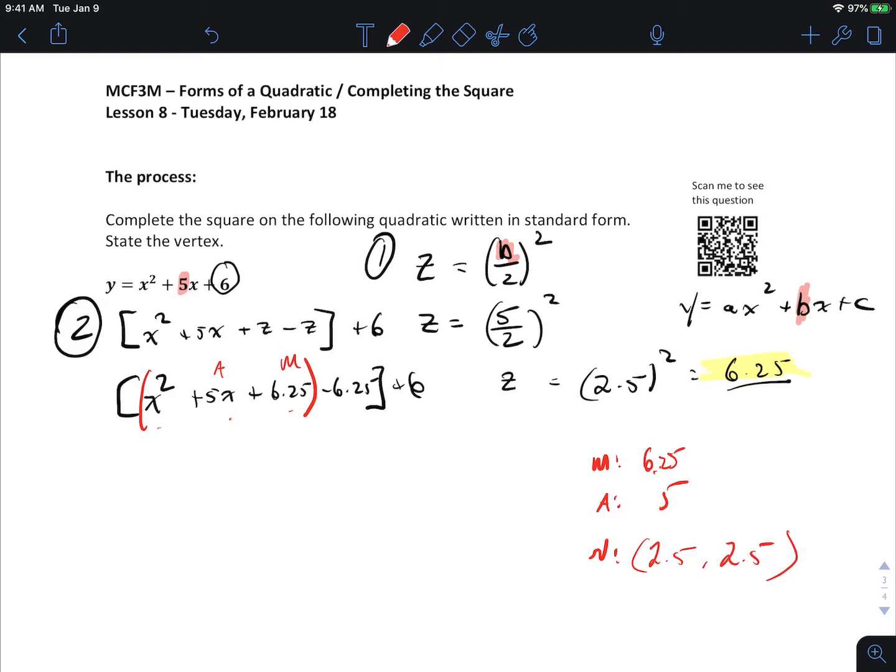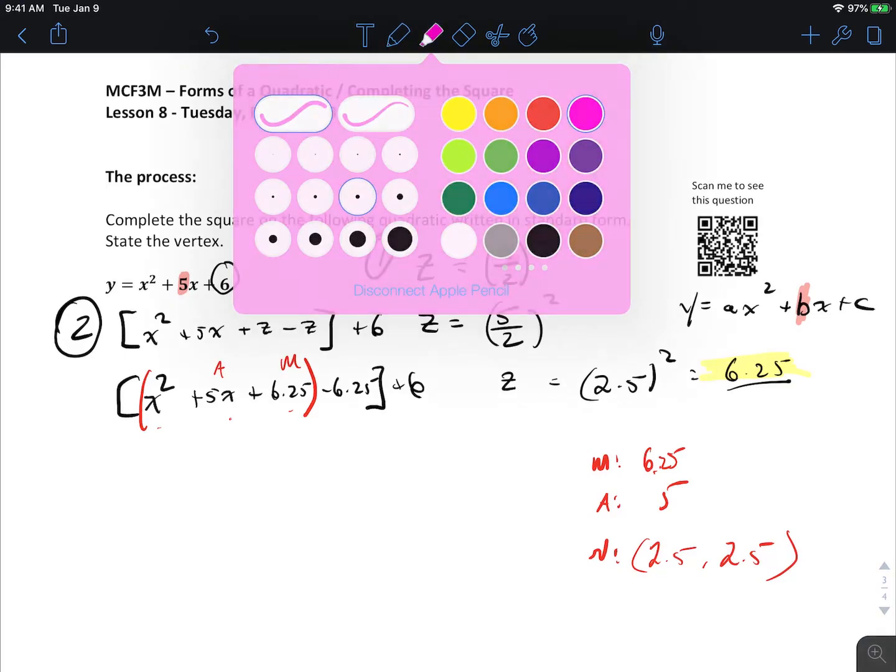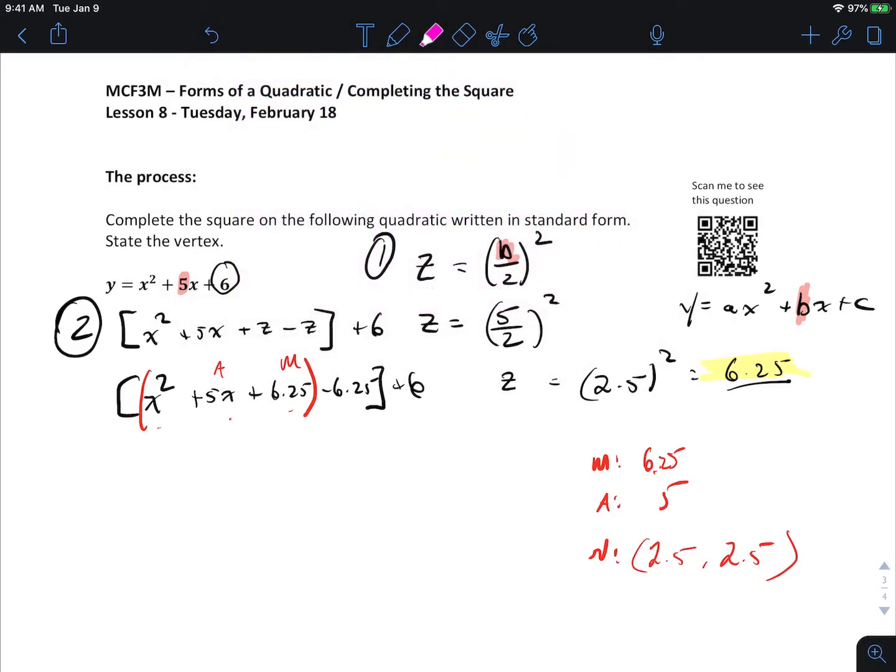Well, where did I see 2.5 on my page? This is your magic number. Right? So the way this works is you could do it this way, right?